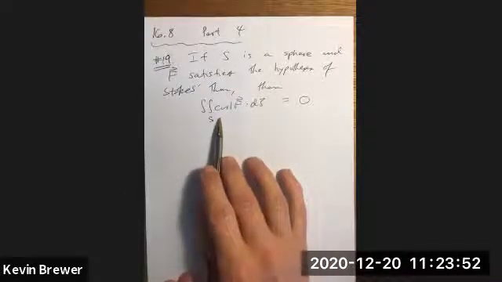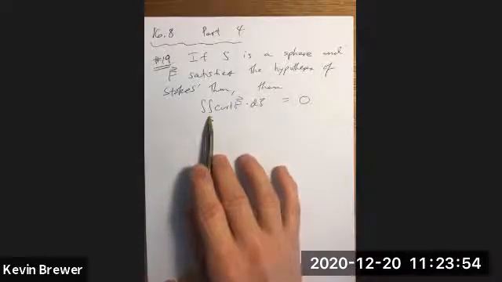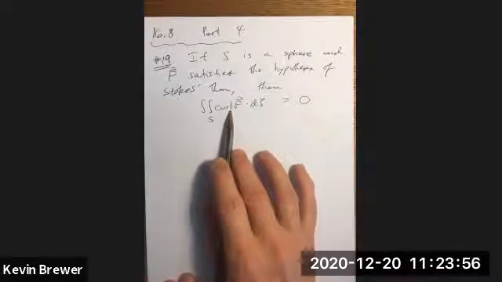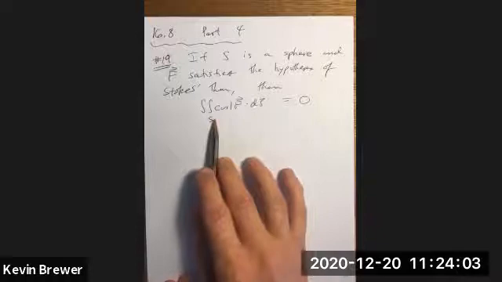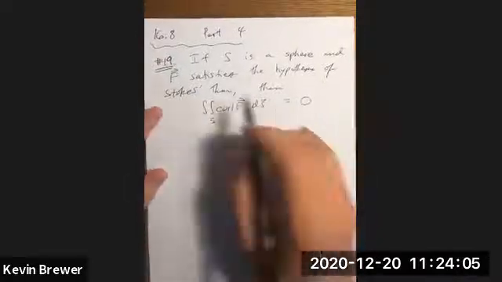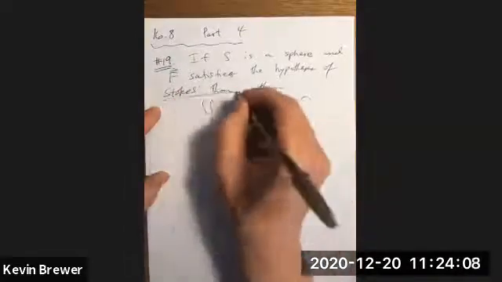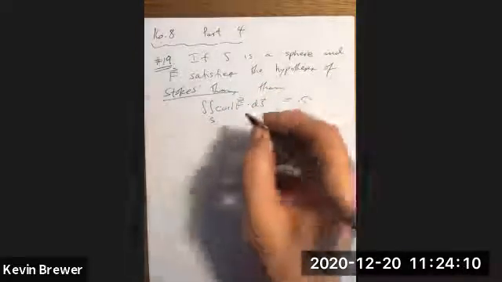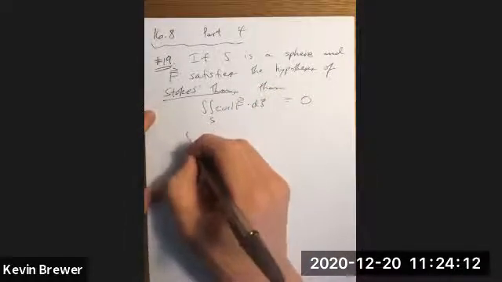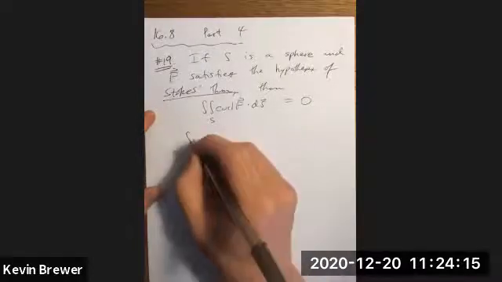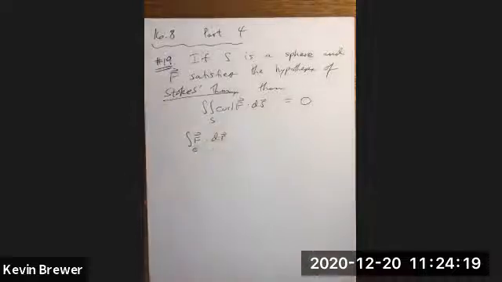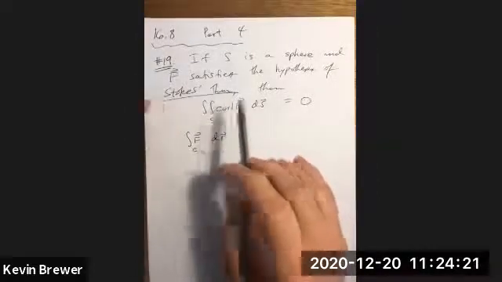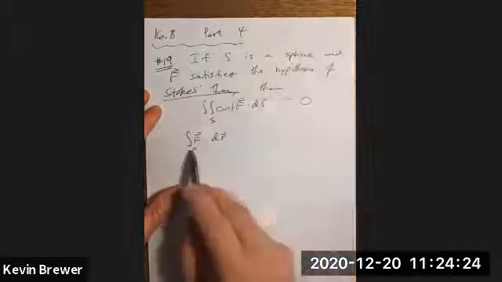Now, usually, if you're asked to show something about the curl of a vector field over some surface, and you're asked to use Stokes' theorem, then you would find the boundary curve C and evaluate the integral along C of F dot dr. But a sphere has no such boundary curve.